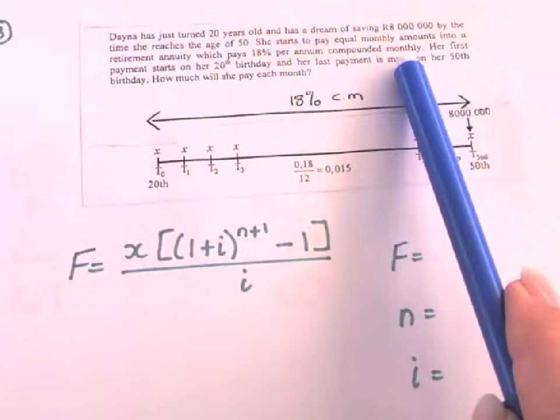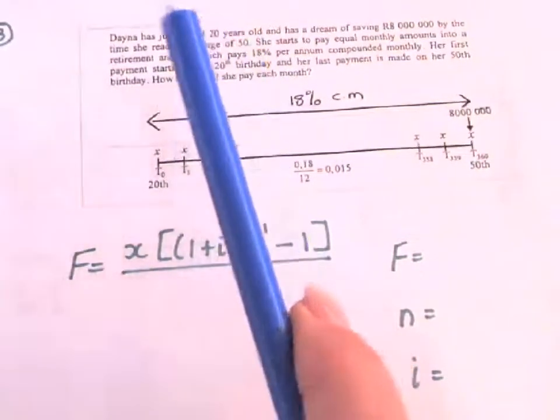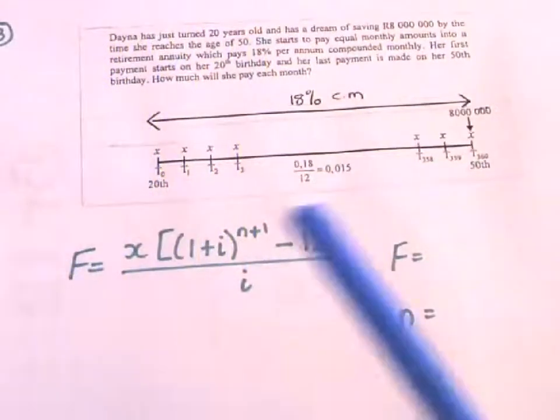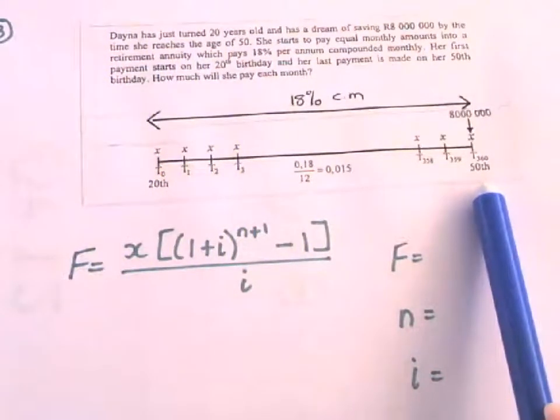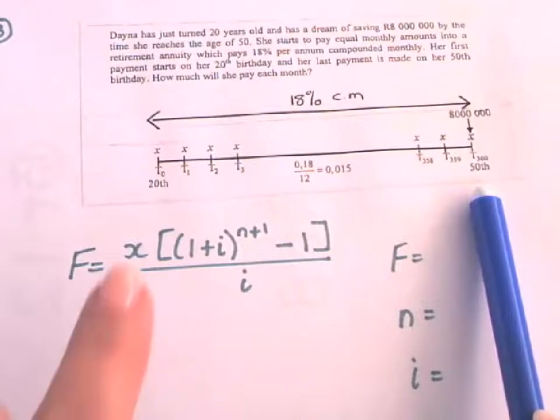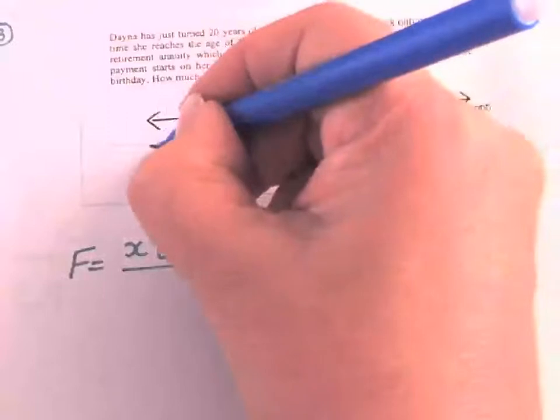The first payment starts on her 20th birthday. Okay, now you have to think a little bit. She wants to save until she's 50. She starts her first payment on the day of her 20th birthday. So it's an immediate payment, X.